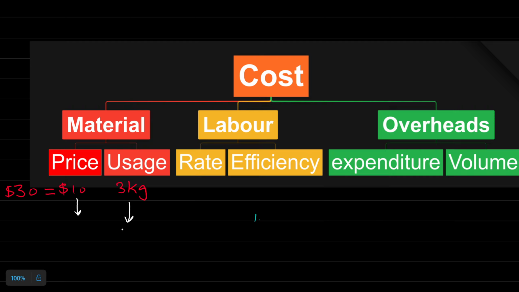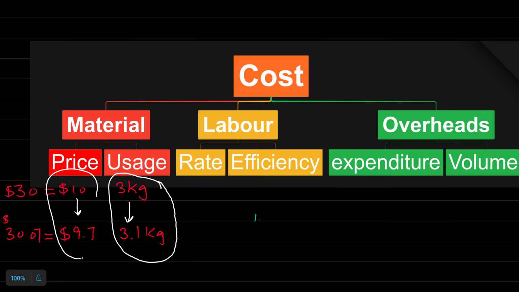Let us suppose actually this took 3.1 kg and the cost of that material was $9.7. Hence the total material cost per unit is $30.07. So students, did you notice there are two differences? Material usage variance, material price variance.